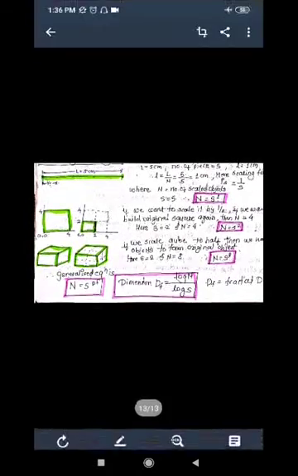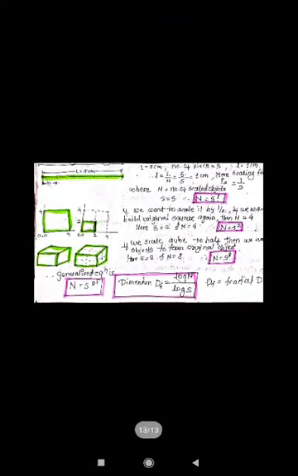If you want the original object, this square, how many small squares are required? We require the 4 small squares to get the original object. So here again you can say the scaling factor is 1 by S is equal to 1 by 2. Therefore S is equal to 2. And how many objects are created? 4. N is equal to 4.